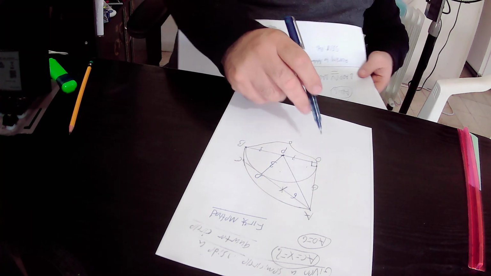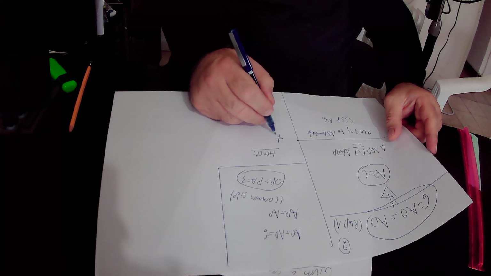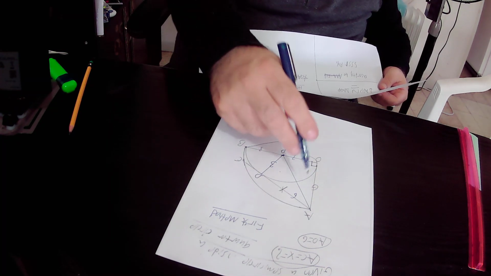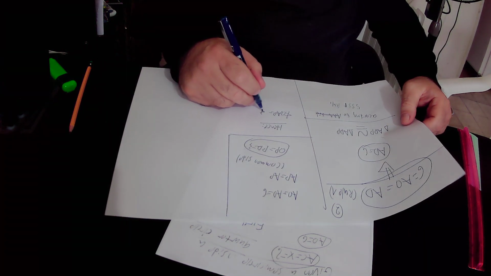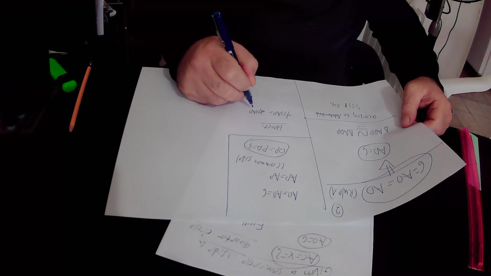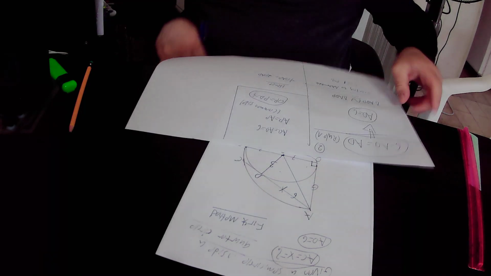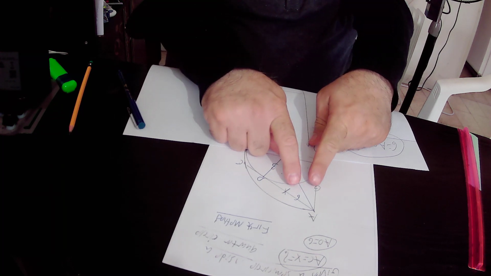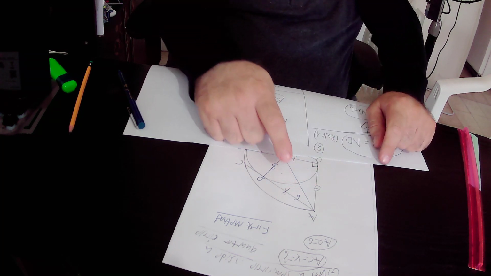Okay, so angle OAP is equal to angle PAD, this angle, according to the rule that corresponding angles in congruent triangles are equal to each other. Those two triangles are congruent, therefore those two angles that are defined as corresponding angles will be equal to each other.